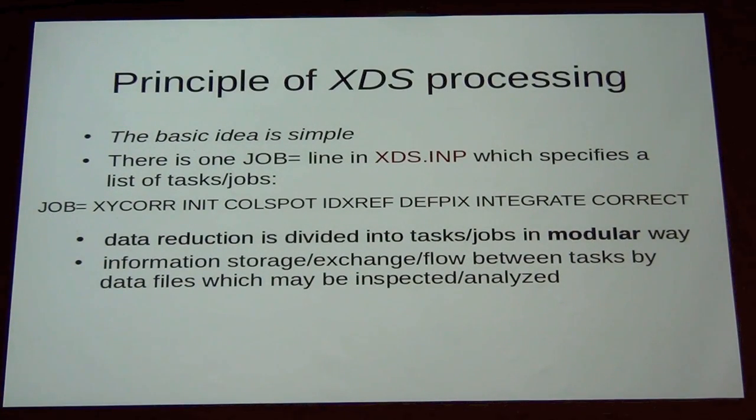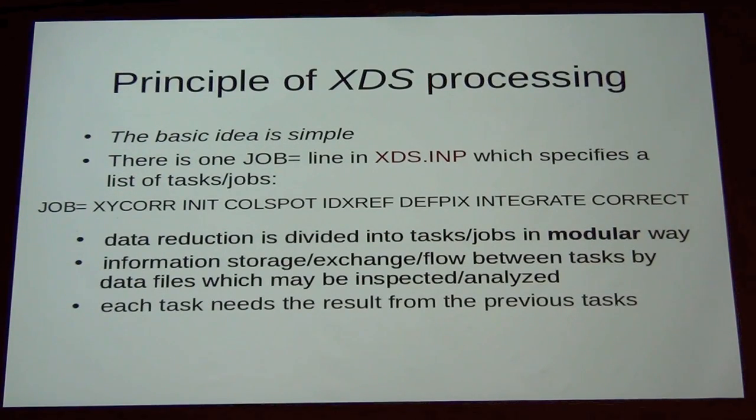So the data reduction is divided up in a modular way, I would say, and the steps are independent from each other in the sense that each of them can be run separately, one after the other in different runs of XDS, but they have to be run in the order that is shown here. And each step writes files that the later steps then use.